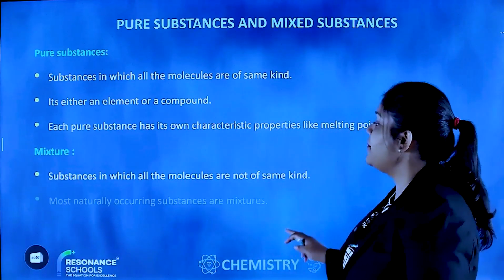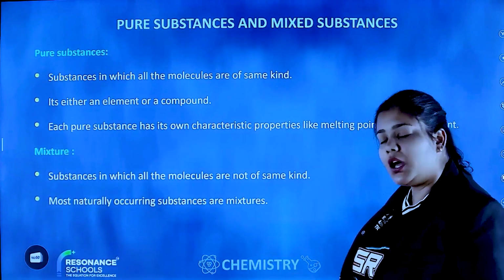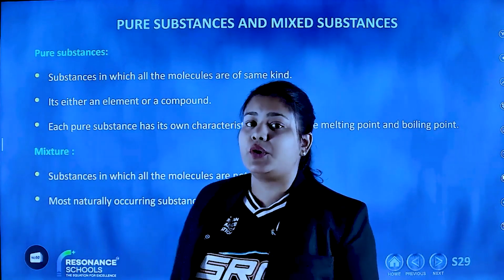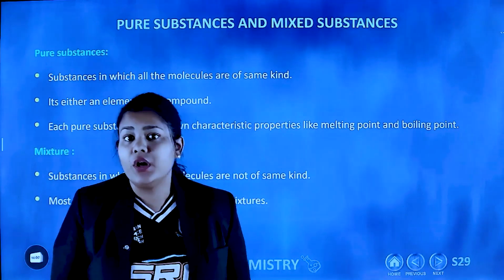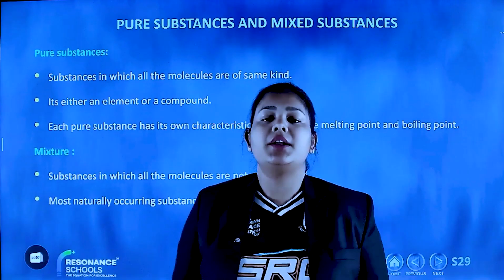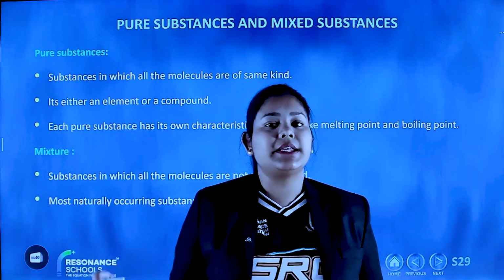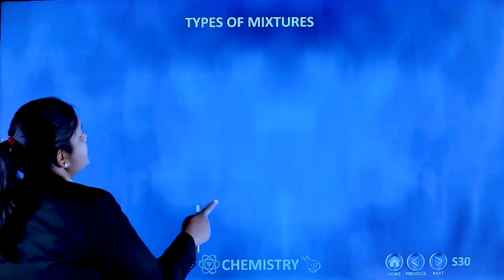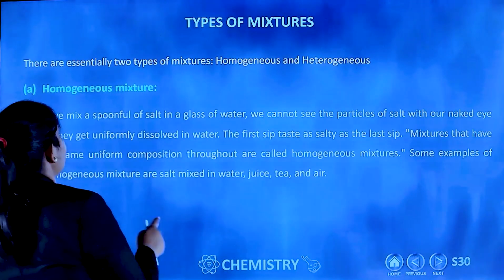If you see the nature around you, mostly the substances around you are mixtures only. For example, air is an example of a mixture. Most of the things present around us are examples of mixtures.